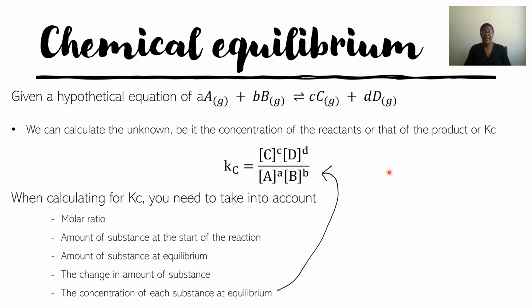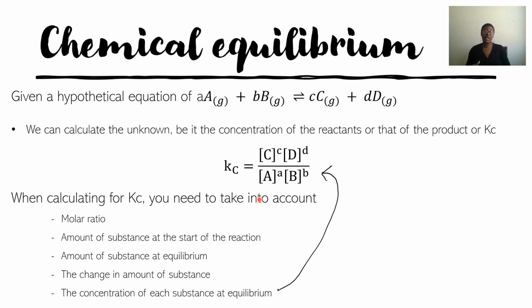Now, you can calculate the equilibrium constant of a chemical reaction at equilibrium by using this formula over here. We have a hypothetical equation over here, and any number of unknowns can be asked in the question. So you need to be able to rearrange this equation in a way that will help you get what you want. If you are looking for the equilibrium constant, then you will have the concentration of your products divided by the concentration of your reactants.